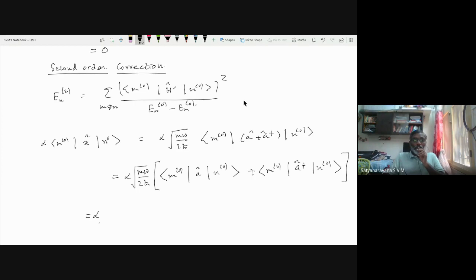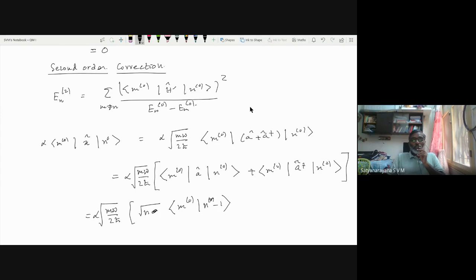That's equal to alpha square root of m omega by 2 h bar. So the first term, a acting on n0, will be square root of n into m0 n minus 1. Okay, these zeros you have to keep in mind are for unperturbed states.